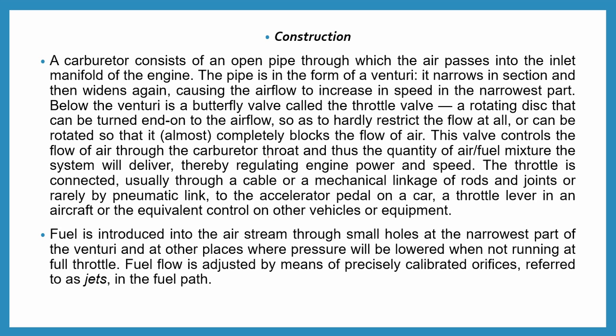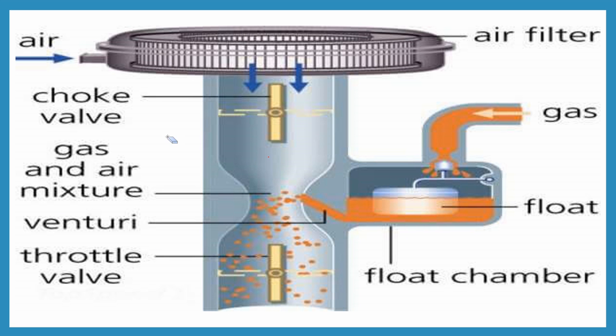Now coming to the next slide, here you can see the picture of a carburetor. Here is the air filter, and through it the air enters. In the air filter, the atmospheric air is filtered and then enters the venturi of the carburetor.